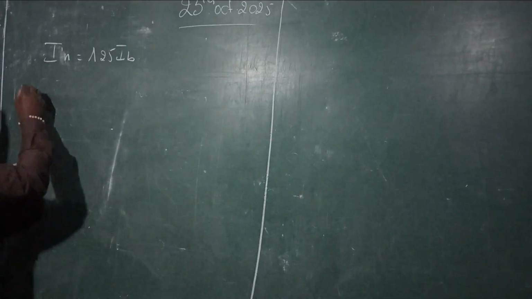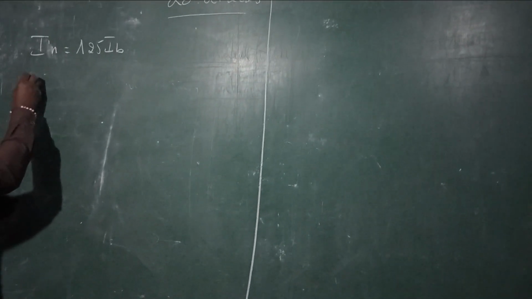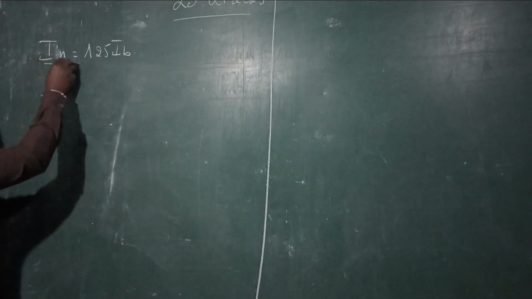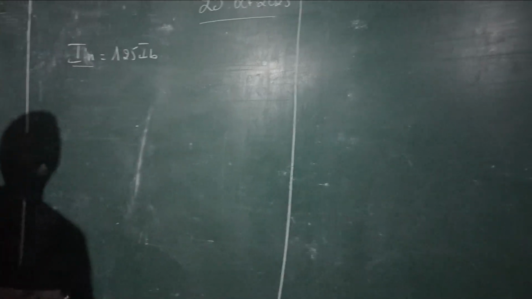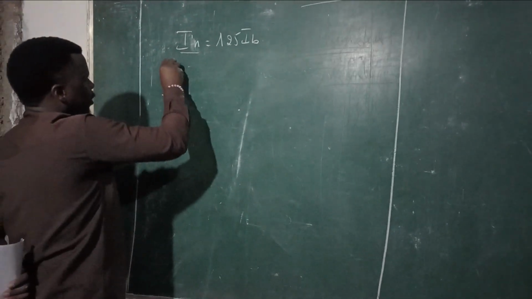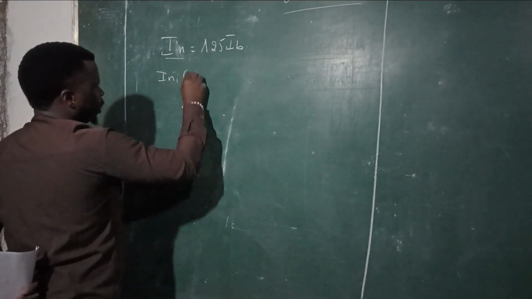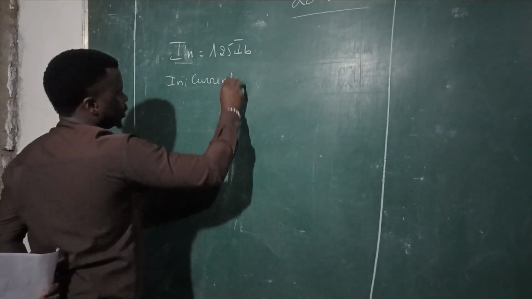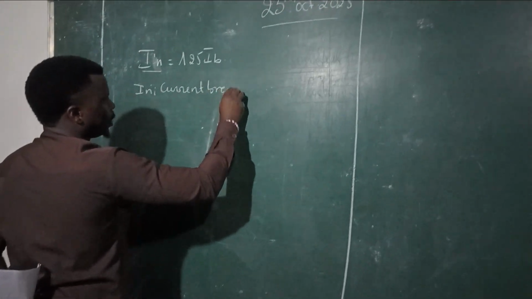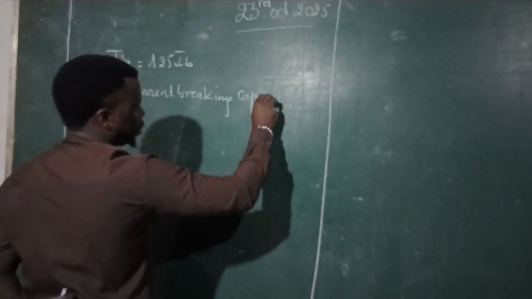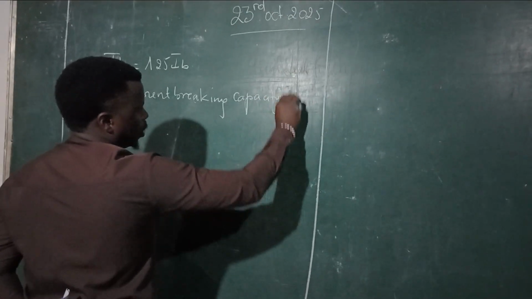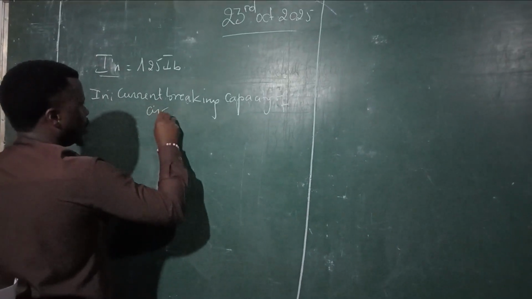If this is the IN, and the IN will protect the circuit, it is the current breaking capacity of a circuit breaker.